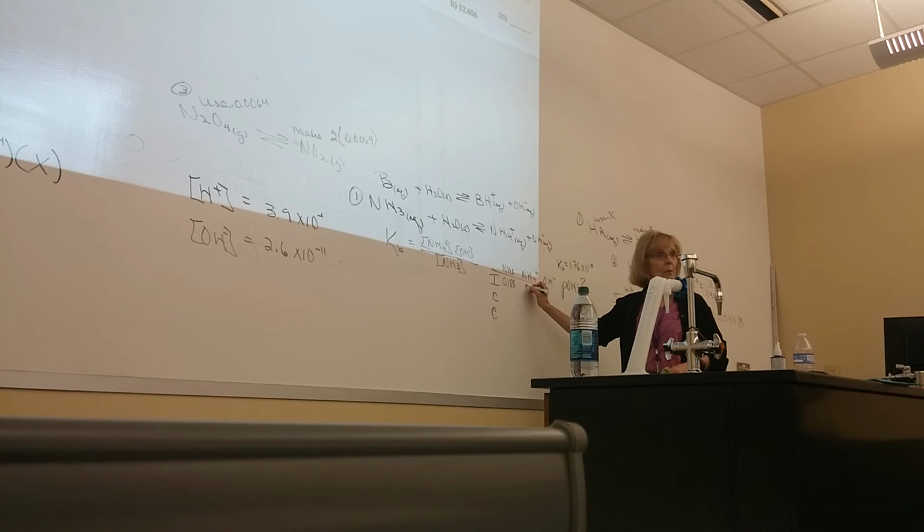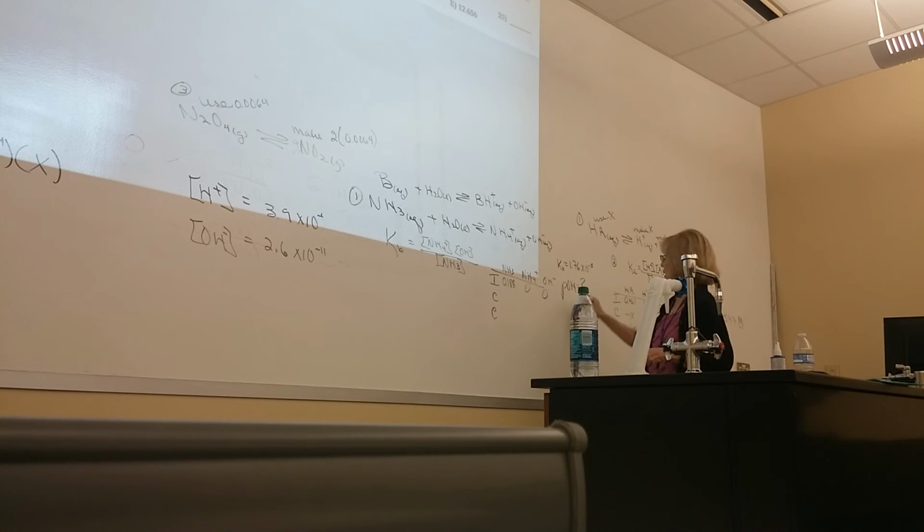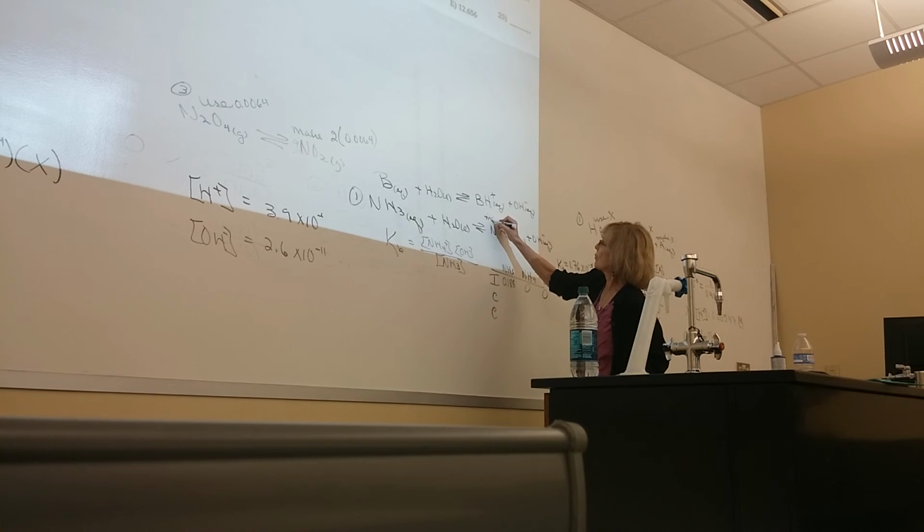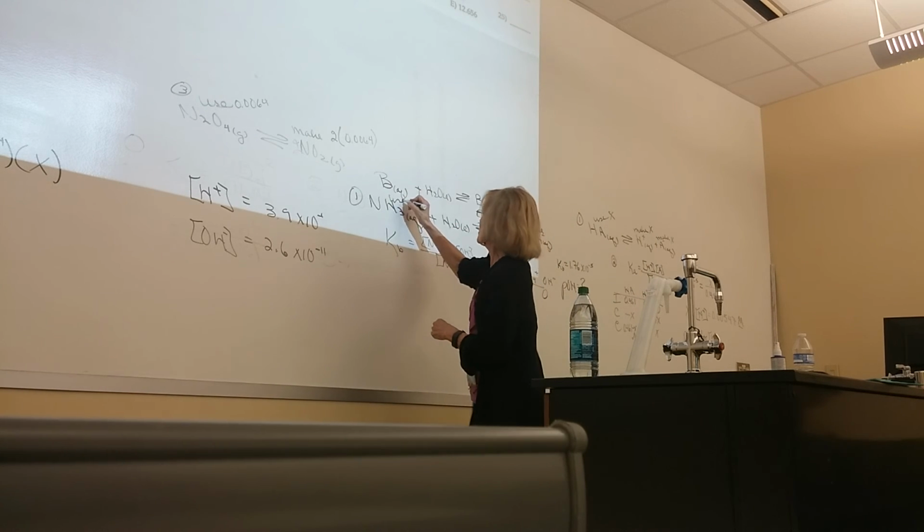How much ammonium do I have when we start? Zero. And hydroxide? Zero. The little tiny bit we get from the water is so little we don't even consider it. Now, may I have an X? Yes, I can, because we know this.